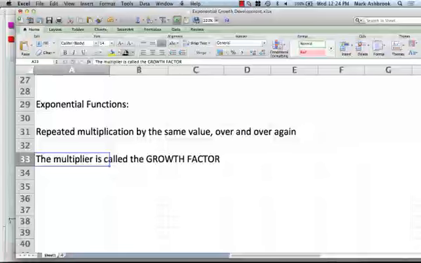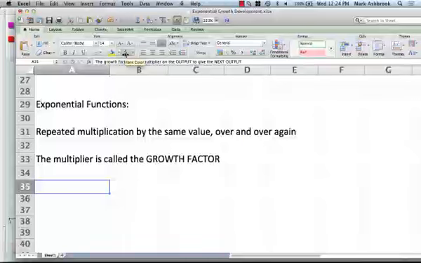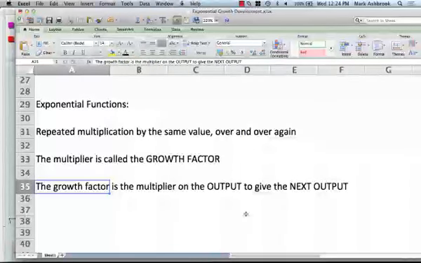Output, and when you do that, you get another output. The output is what's growing exponentially. It's what's getting multiplied. So you take the last one, multiply it by 4, you get the next one. The growth factor is a multiplier on the output to give the next output.